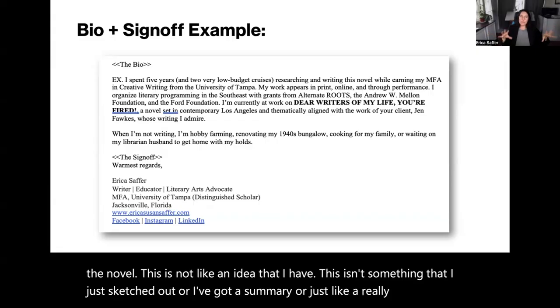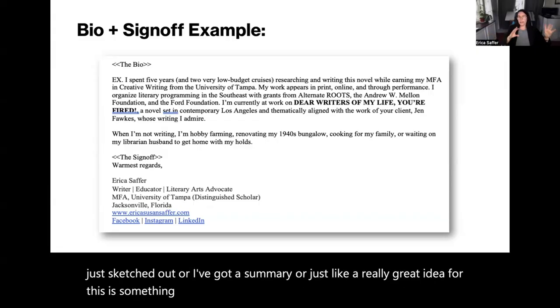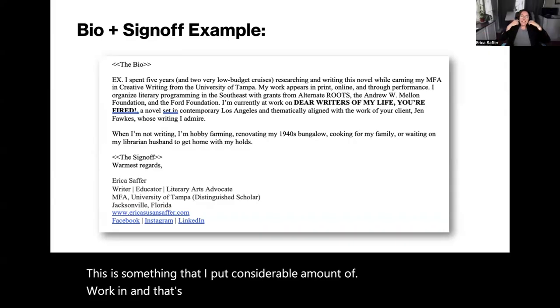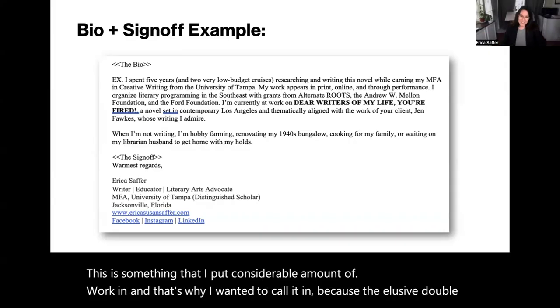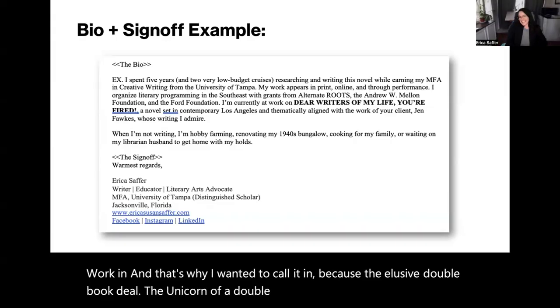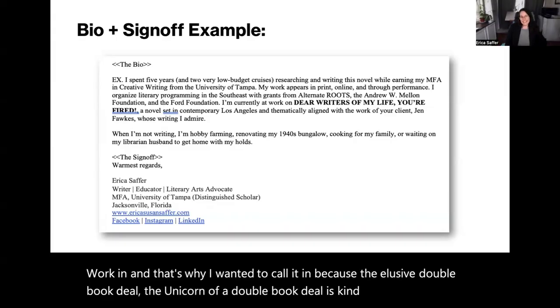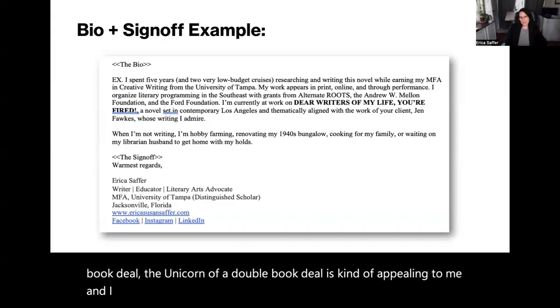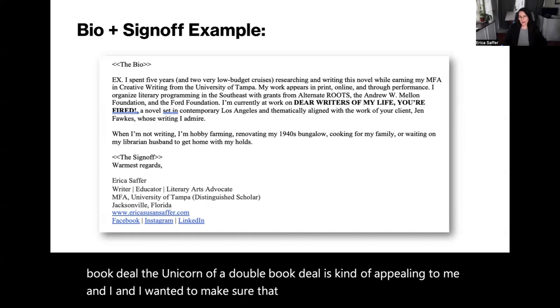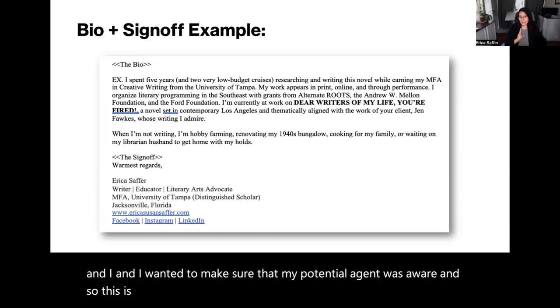This is something that I've put considerable work in, and that's why I wanted to call it in, because the elusive double book deal, the unicorn of a double book deal, is kind of appealing to me. And I wanted to make sure that my potential agent was aware. And so this is kind of like a signal to that. And I just shared a little bit about that.